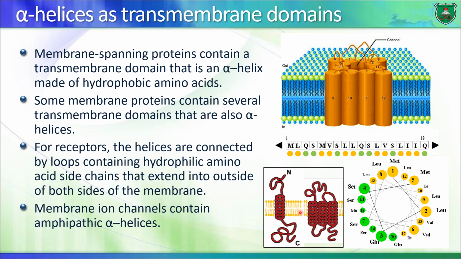Now, if you have a protein with multiple transmembrane domains, these different alpha helices can be connected to each other via loops, turns, coils, whatever. And usually these turns and coils and loops have specific functions. They are, for example, ligand binding sites.